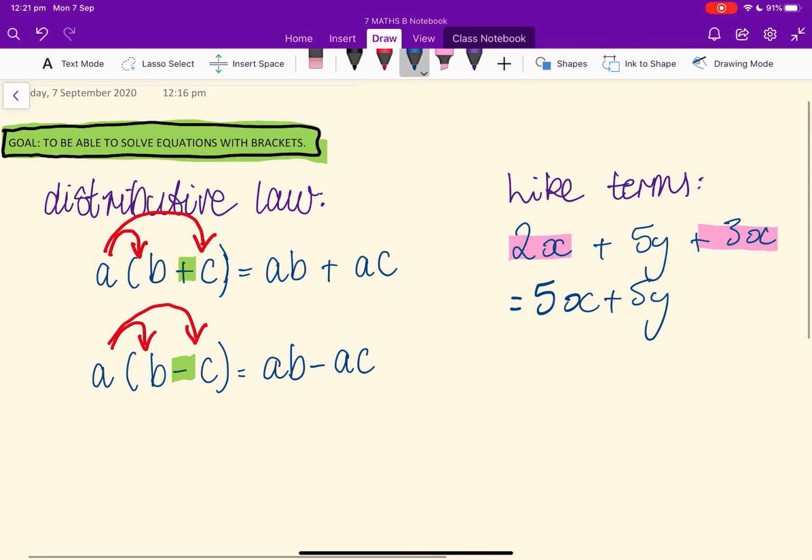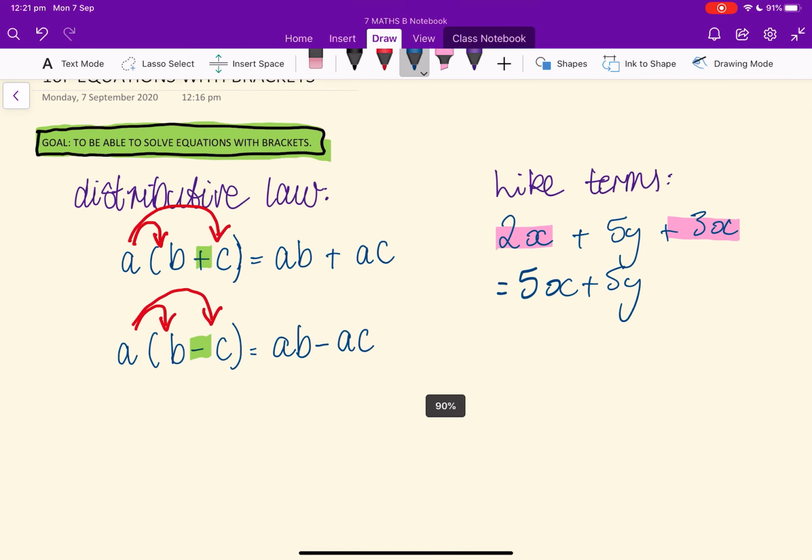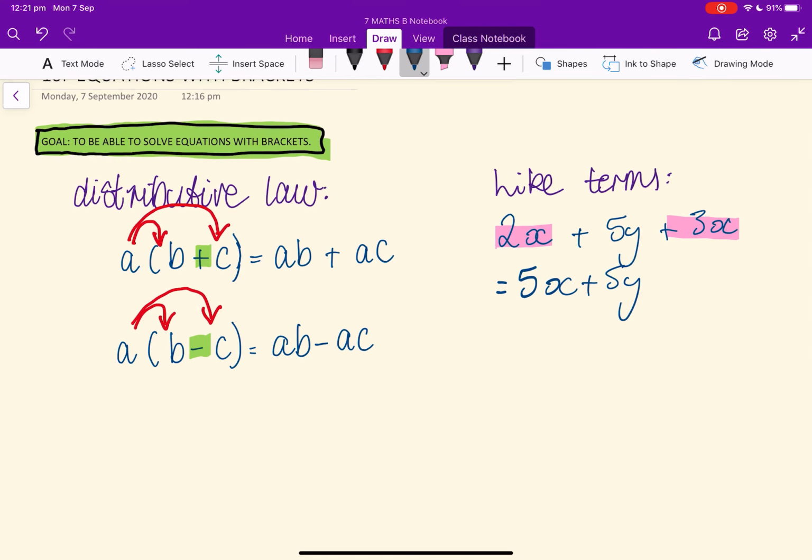Now, the steps we're going to use to solve equations with brackets are, I'm going to write them down for you. Firstly, you're going to expand the brackets.